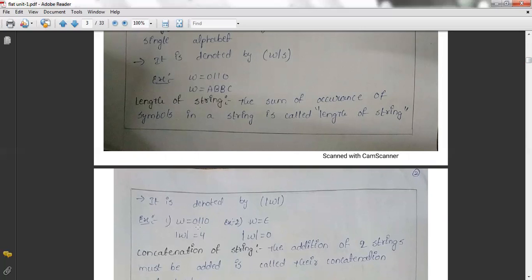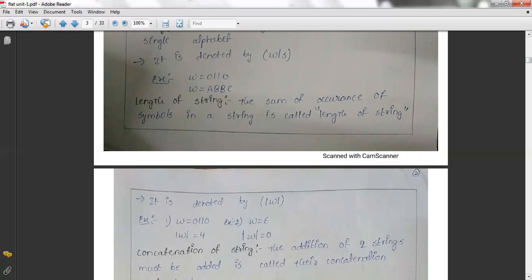Suppose string W equal to 0, 1, 1, 0, then 4 characters are there, so the length of the string will be 4. Suppose W is equal to epsilon. Epsilon has the highest priority in FLAT. Epsilon means it is a null string, so the length of the string will be 0.